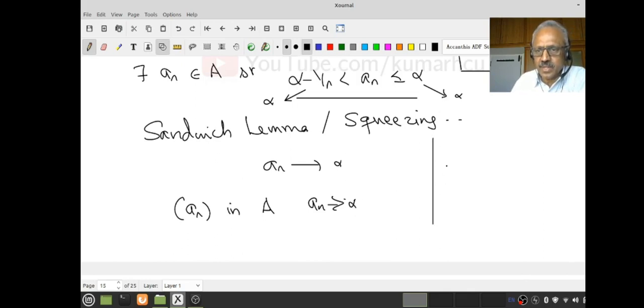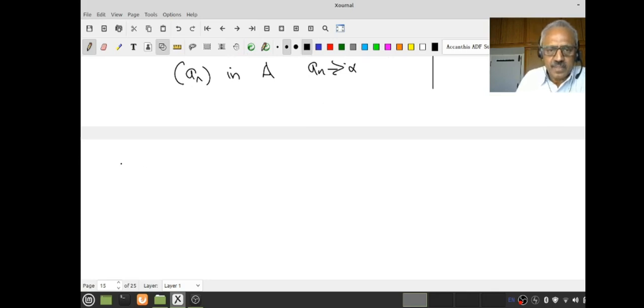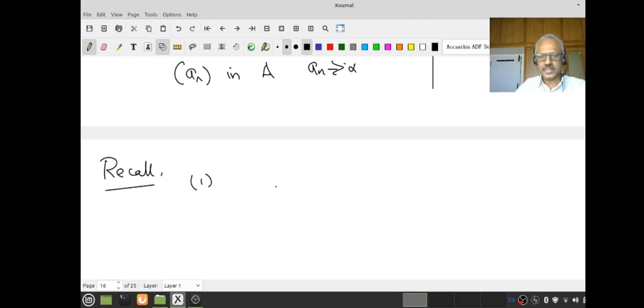Now, you should again recall two statements. Maybe I will write it. Okay, we have to recall two statements from general topology. What is that?